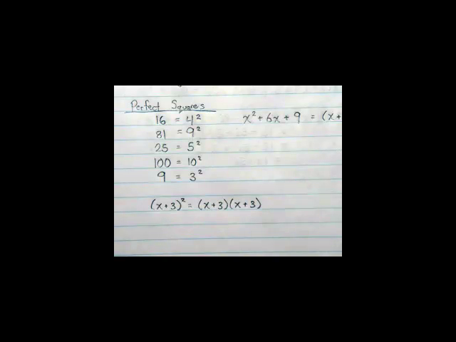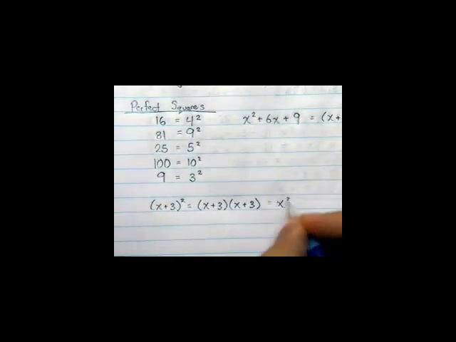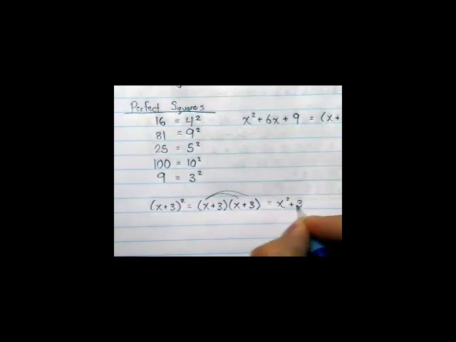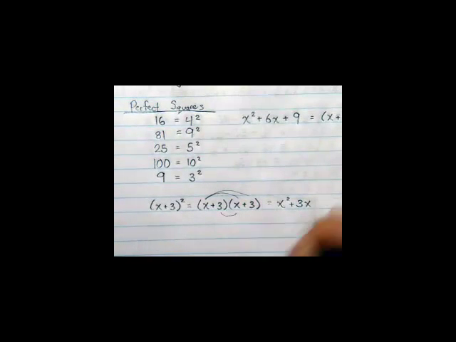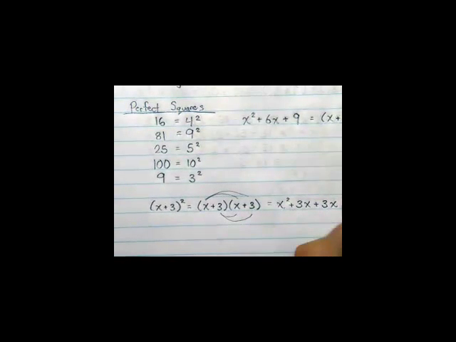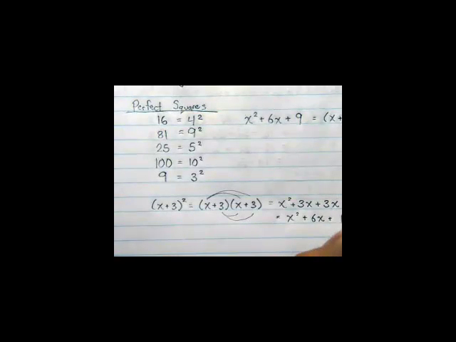Hey, I got to FOIL that thing out, right? x times x gives you x squared. x times 3, 3x. 3 times x, another 3x. And 3 times 3 is 9. And you can combine the like terms in the middle. x squared plus 6x plus 9.